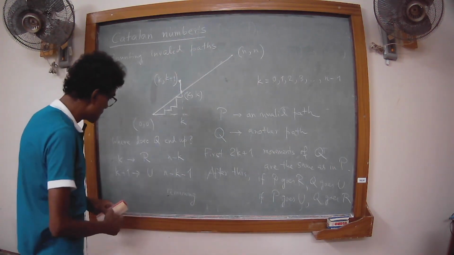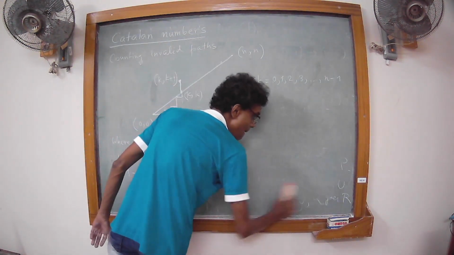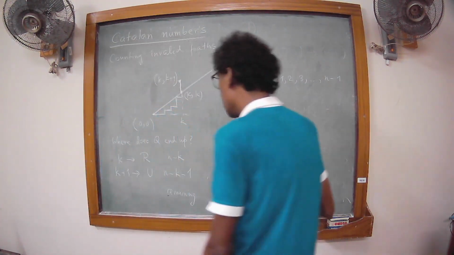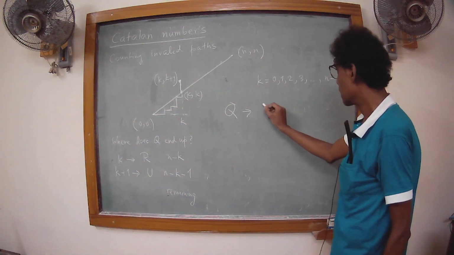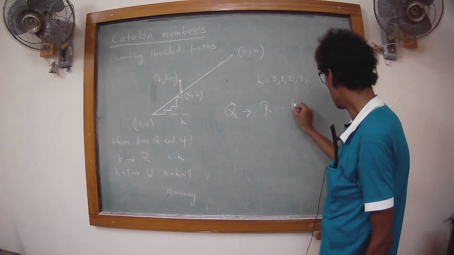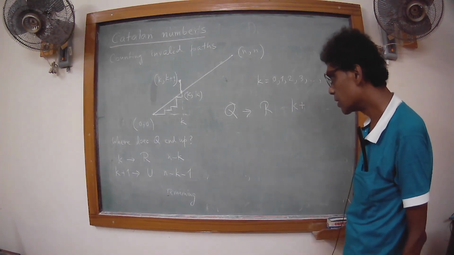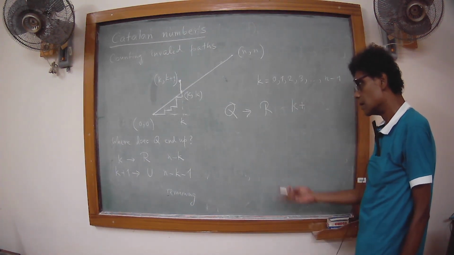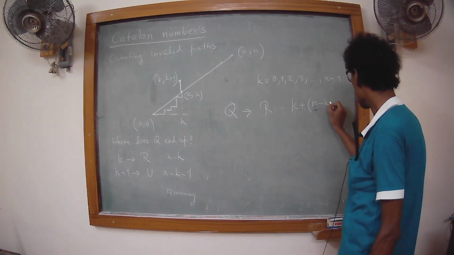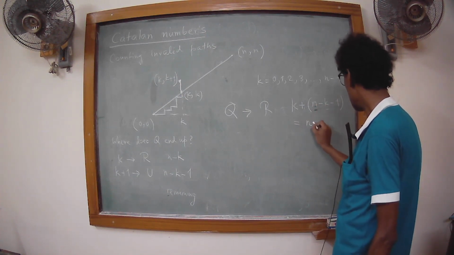So for Q, the number of right movements is first k, the same as P, and then just the opposite, so n minus k minus 1, that is n minus 1.